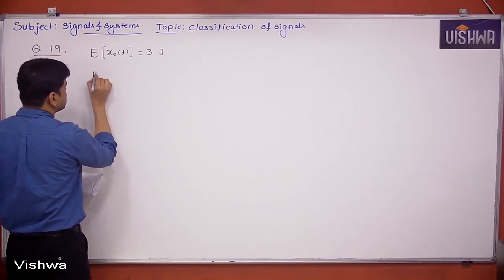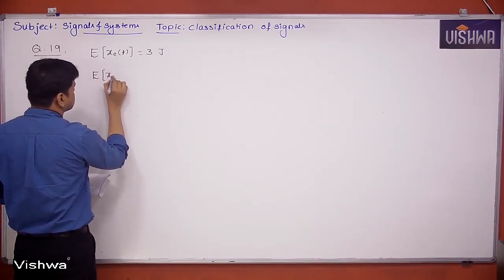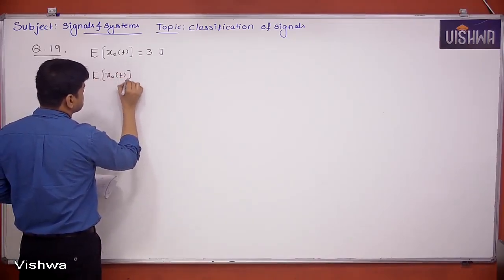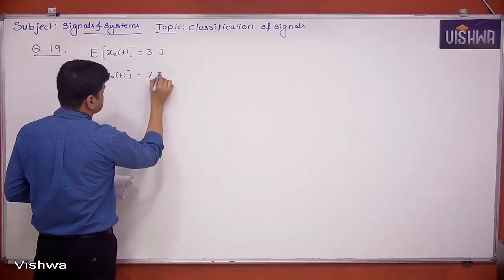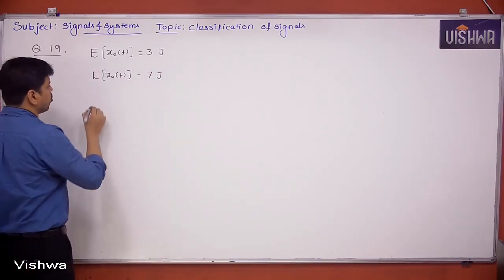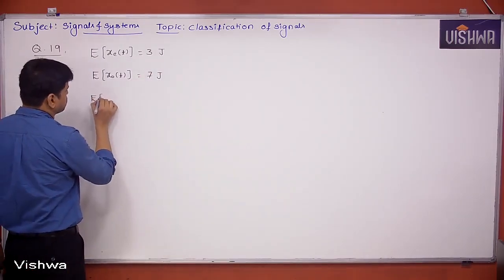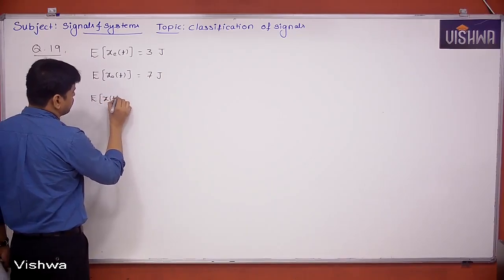And energy in the odd part is 7 joules. Then what is the energy in the x of t signal?